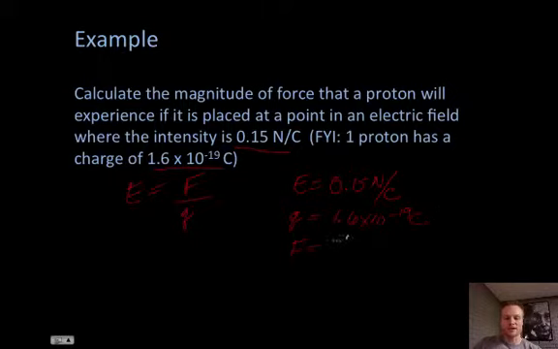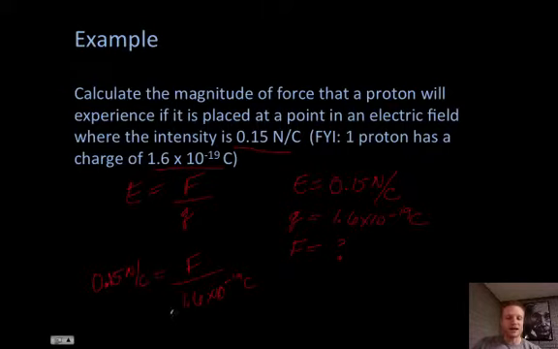I'm wondering what type of force that charge would be feeling in this electric field. So I'm just going to plug these numbers into this equation. And so what I would have is 0.15 newtons per coulomb is equal to F over 1.6 times 10 to the negative 19th coulombs.